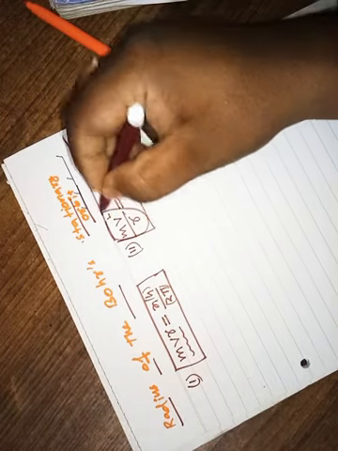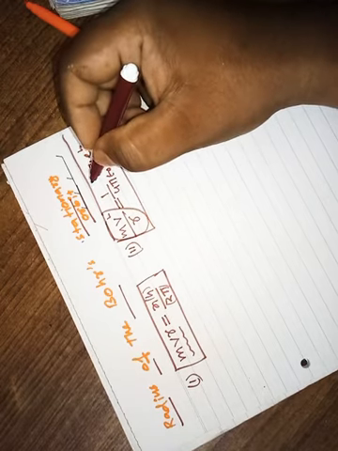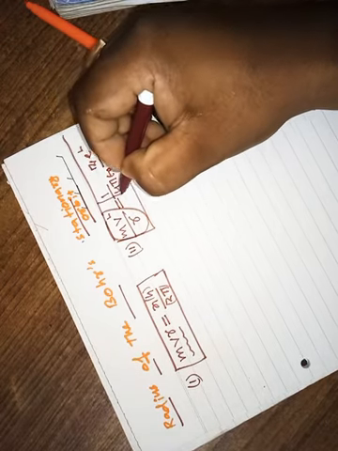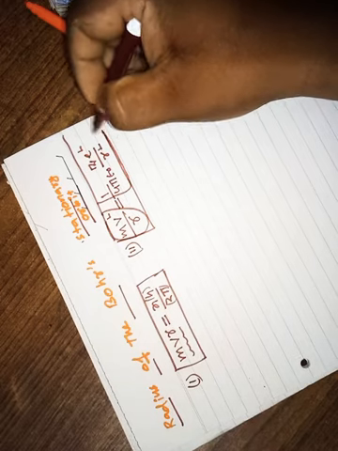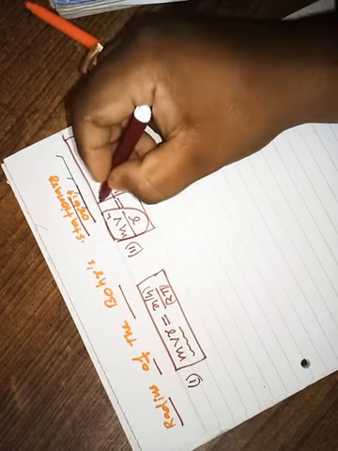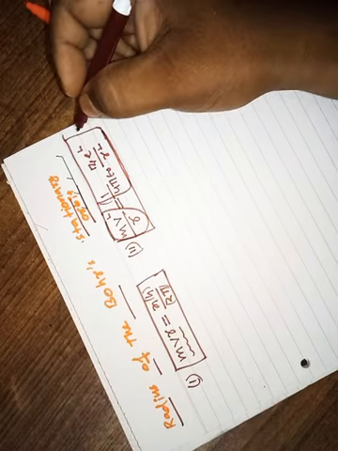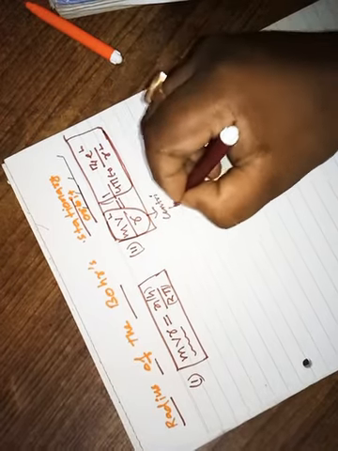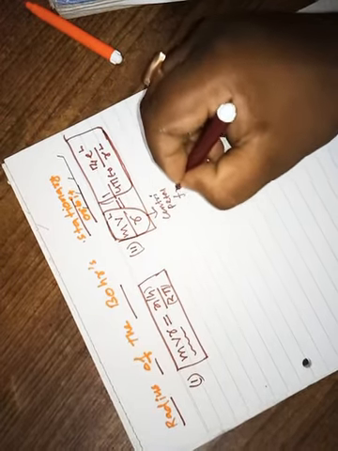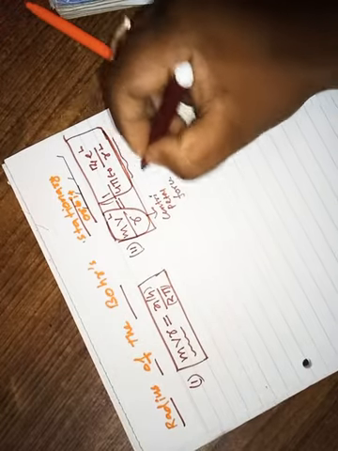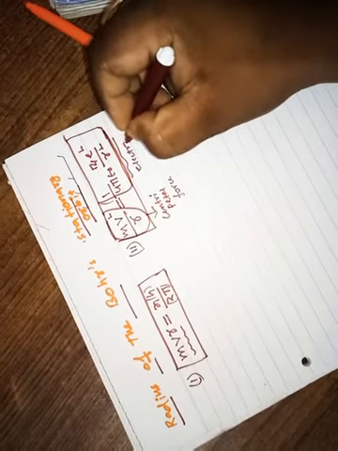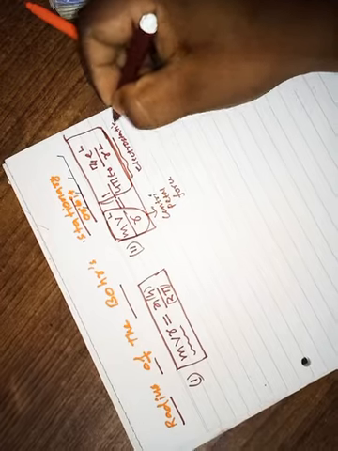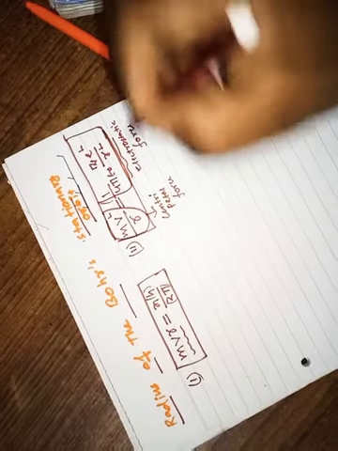The centripetal force in this case is provided by whom? Provided by the electrostatic force between the nucleus and the electron. This is the formula for centripetal force, and this is the formula for electrostatic force. Okay, these are the two key formulas.